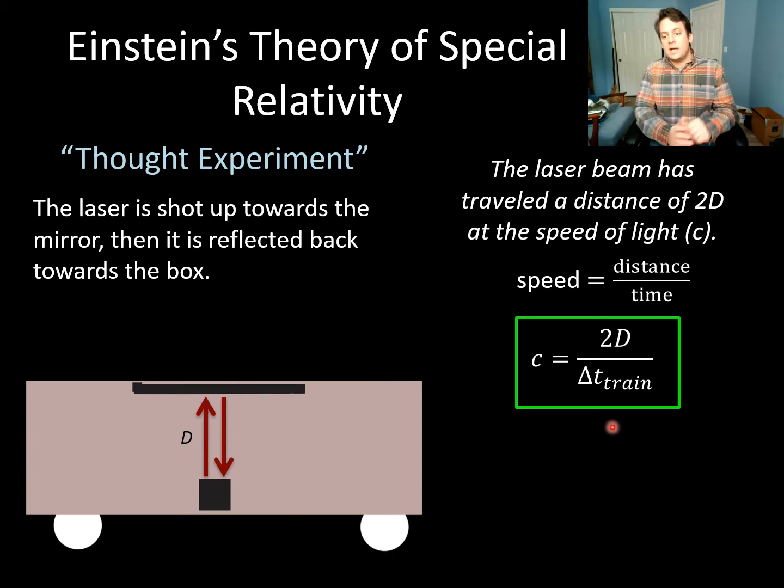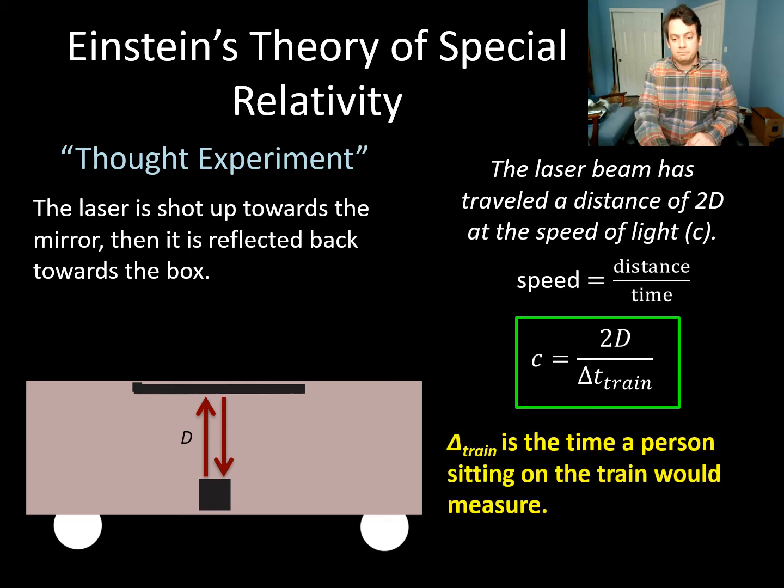More about that in a second, because we're going to make this measurement in a couple of different frames of reference, right? This delta t is the time that it took the laser to go out and come back as measured in the train. But we're also going to make that measurement from a platform, standing outside the train as this train comes by. But this is the equation for the speed of light as measured in the train.